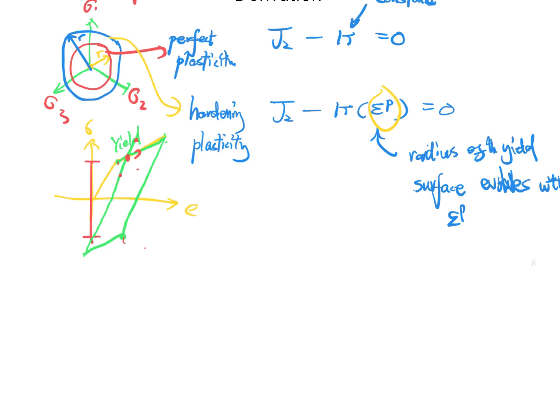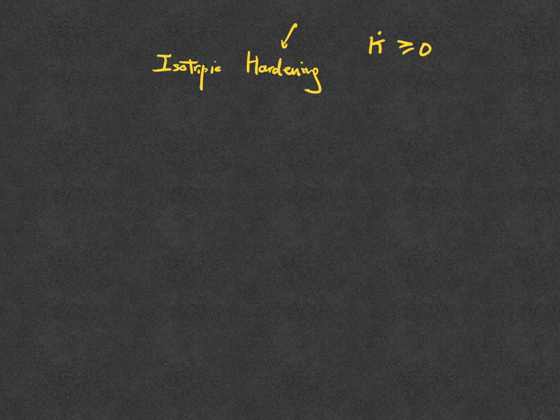This is the so-called isotropic hardening. Work hardening means that the change of k, which is the radius of the yield surface, is greater than or equal to 0, or more strictly greater than 0.